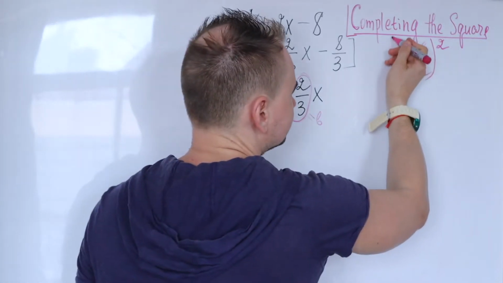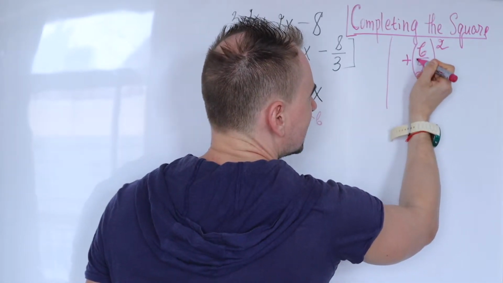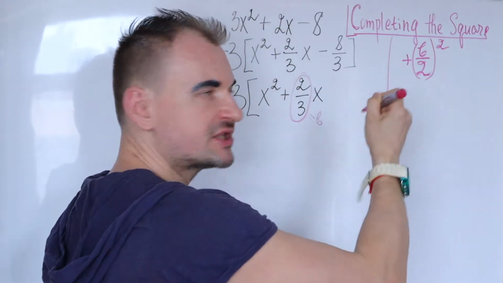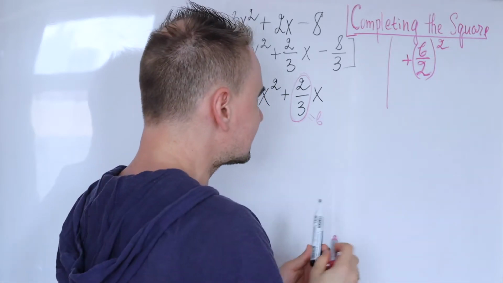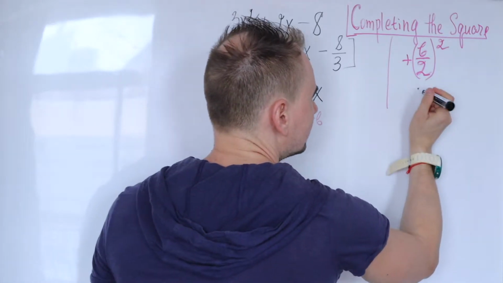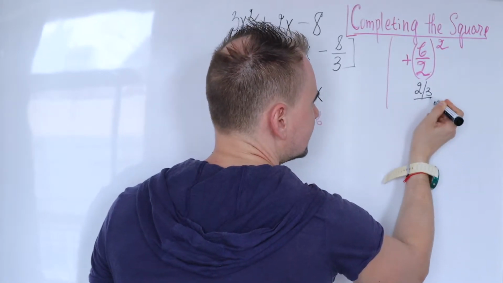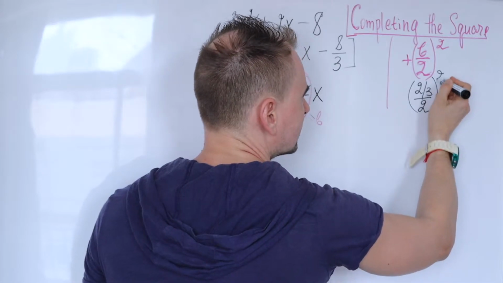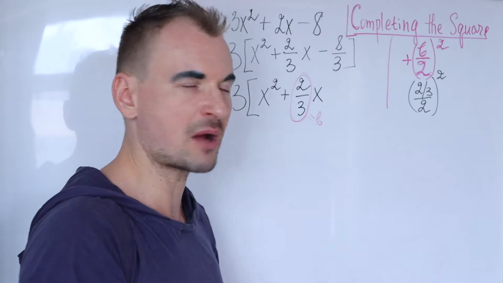So again, you take this coefficient, you halve it, so you divide it by 2, and after that you square it. In this case, you would have 2 over 3, divided by 2, and afterwards squaring this, so raised to the second power.